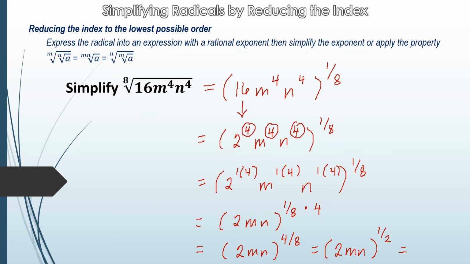Now we rewrite the given expression in radical form. So 2mn quantity raised to 1/2 in radical form is square root of 2mn. So this is now our final answer. The index has now been reduced. So the radical expression has been simplified.